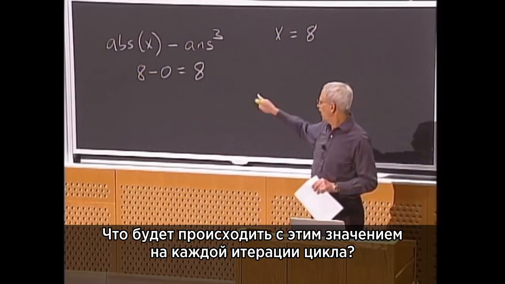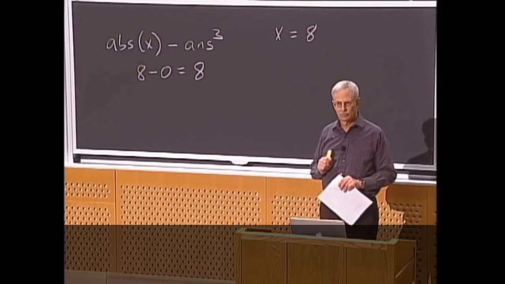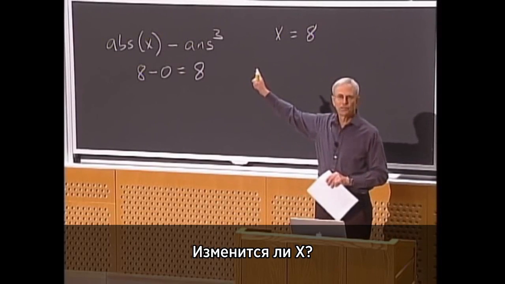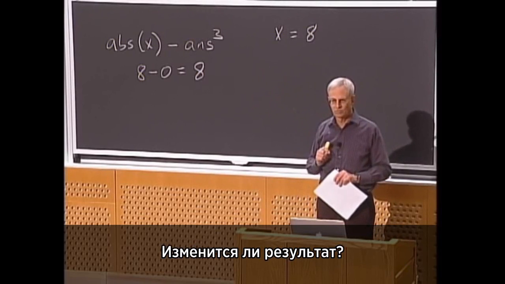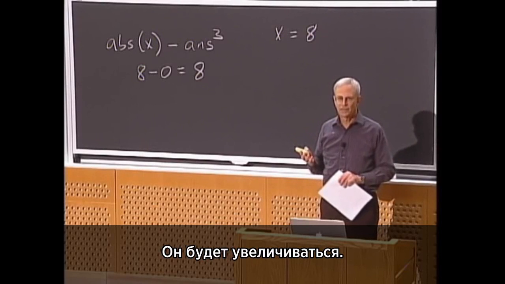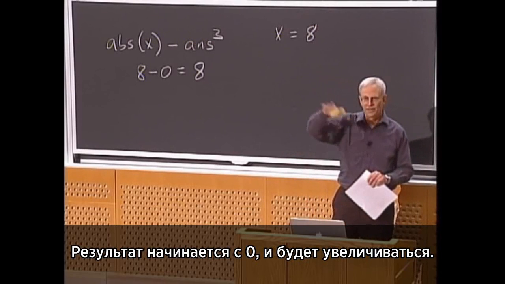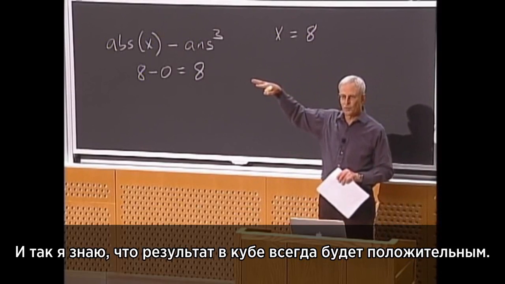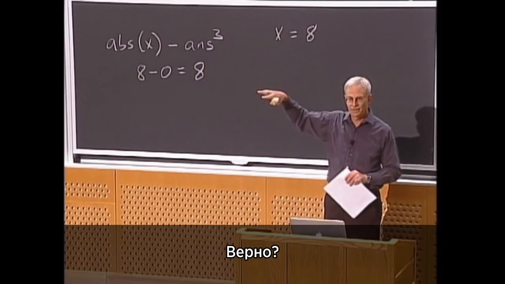What happens to this value every time through the loop? Does x change? Does answer change? And how does it change? It's increasing. What does answer start at? It starts at 0 and it increases. So I know that answer cubed will always be positive, right?